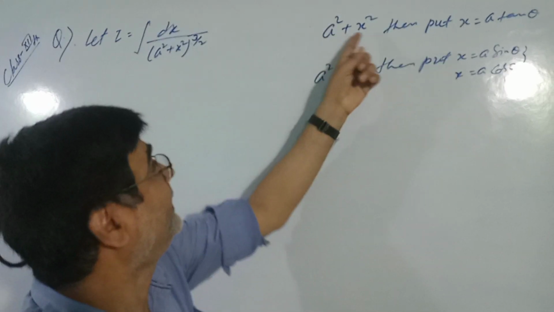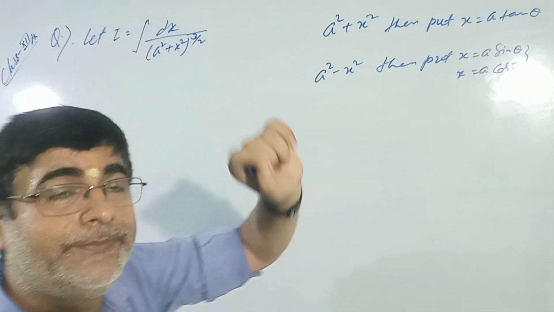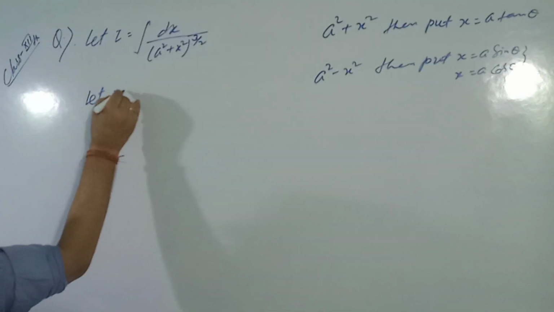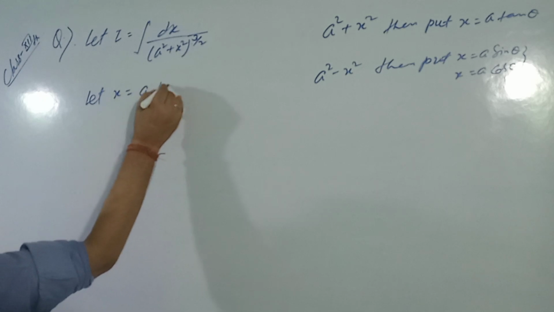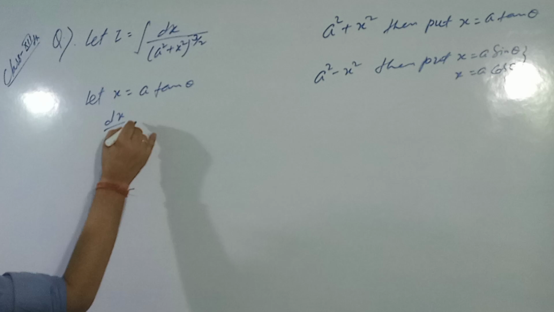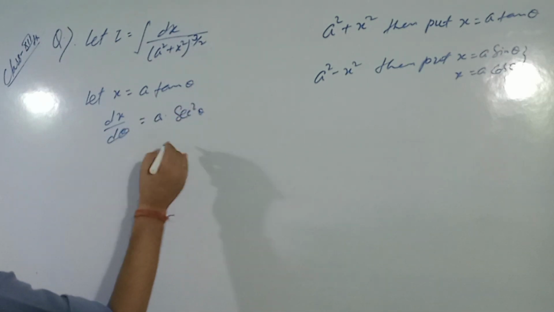Right, students? So a square plus x square, then putting the value of x equals a tan theta. Let x equal a tan theta. Then dx over d theta equals a sec square theta.